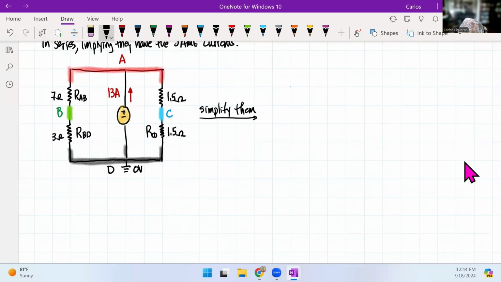I have a resistor, and this is going to be the resistor AD. Whoa, I don't think I like that notation.